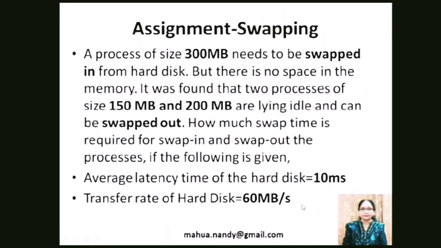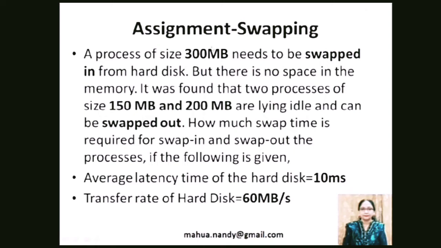One assignment is given regarding swapping. A process of size 300 MB needs to be swapped in from hard disk. But there is no space in the memory. It was found that two processes of size 150 MB and 200 MB are lying idle and can be swapped out.